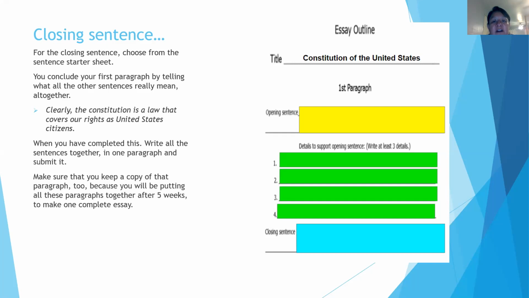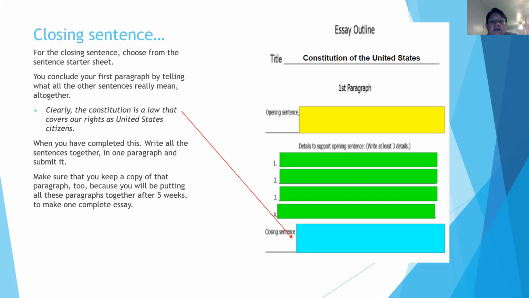Write this paragraph in your notes, in one of your notebooks, because you will be putting all these paragraphs together after 5 weeks to make one complete essay. So that sentence is going to be written in there.